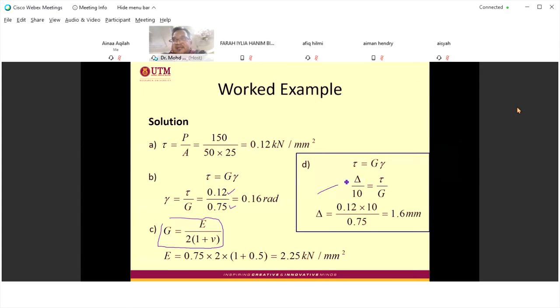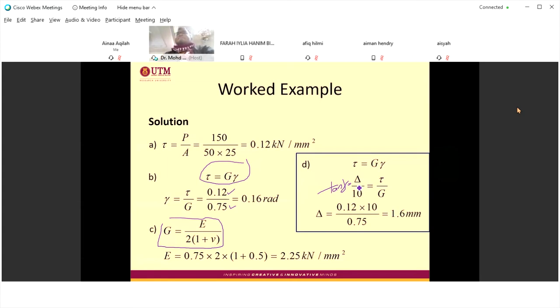And determine the lateral movement. Let's determine the lateral movement. So this is tangent, equal to delta divided by 10. Or the angle you can take from here also. So you can get the movement is 1.6.